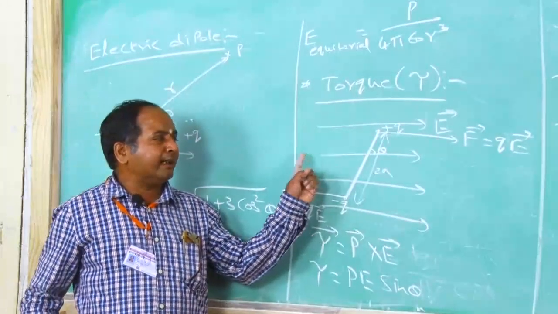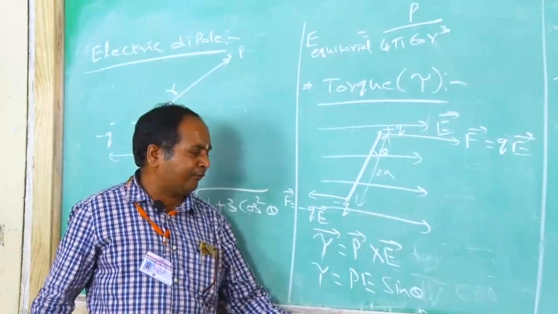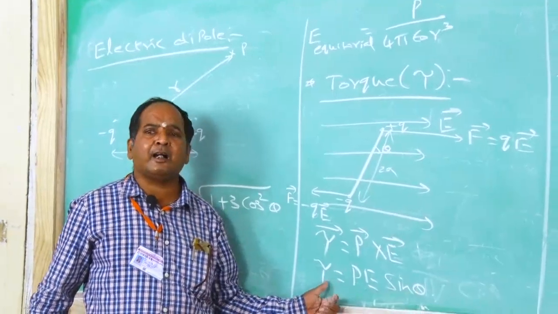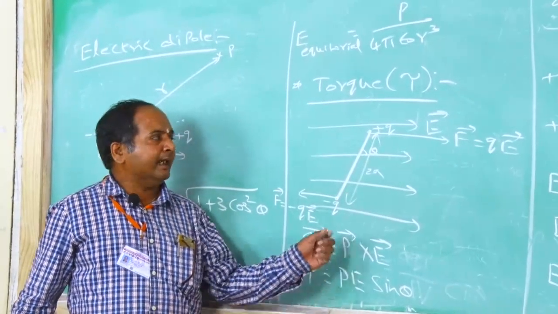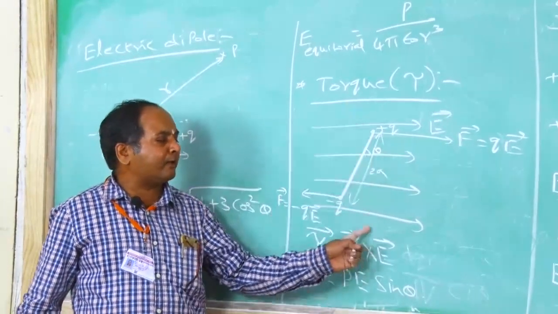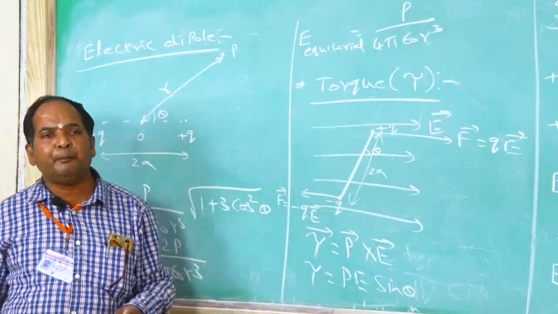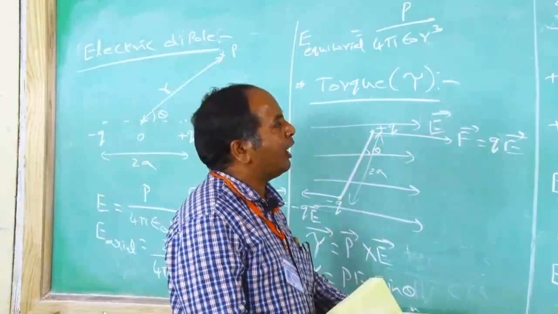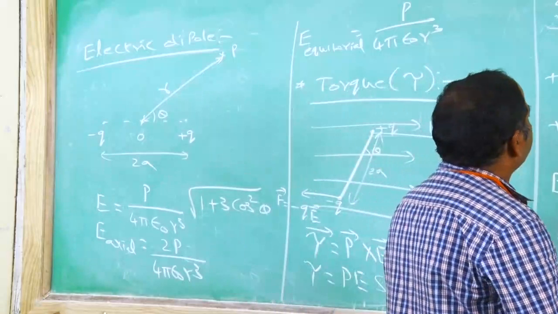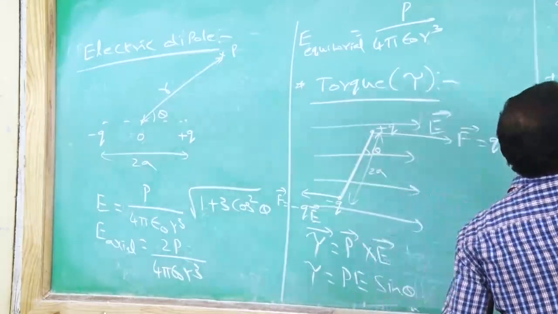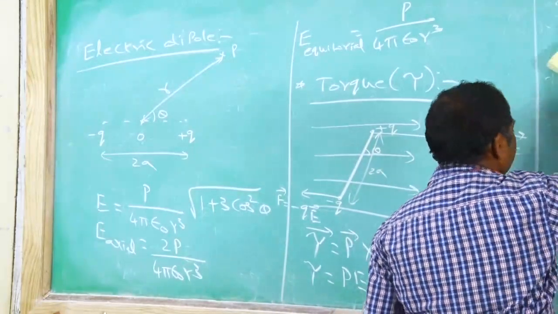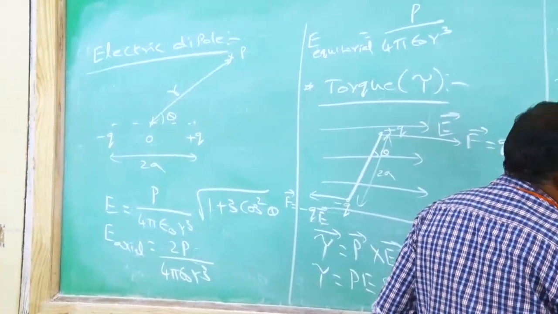If the dipole is along the direction of the electric field, theta is 0, torque is 0. If the dipole is perpendicular to the electric field, theta is 90, tau will be maximum, PE. This is about torque.